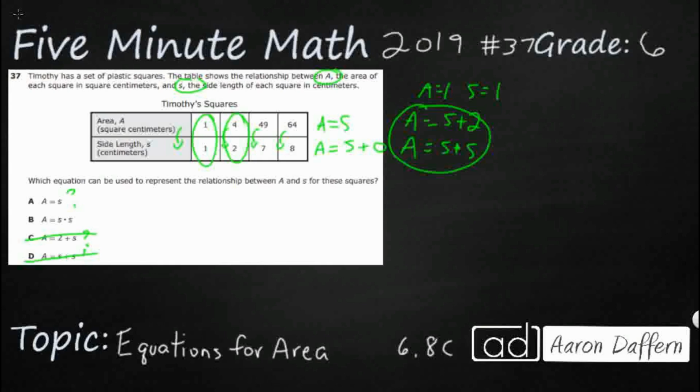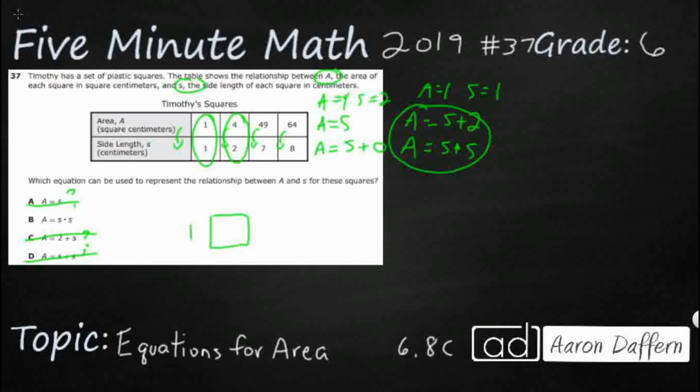And then this one doesn't work with A equals 4 and S equals 2. So that's not going to work. So quite honestly, we only have one option here, and it is going to be A equals S times S, because that is the equation for the area of a square. So you're going to take a square here.